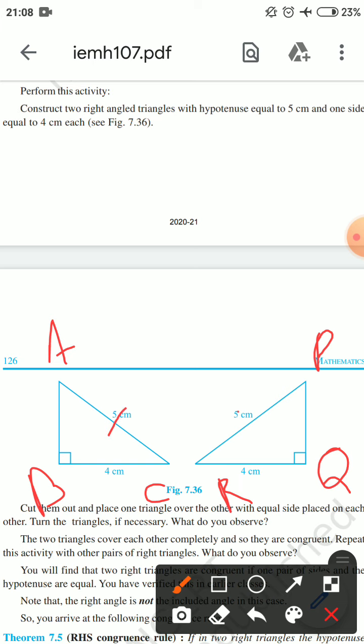You can see this side is equal to this side, and any other side, it can be this one, should be equal to this one, or this side should be equal to this side. Then by RHS congruency criteria we can say that these two triangles are congruent. So again, by CPCT we can clearly see that their corresponding parts will also be equal. That is, angle A will be equal to angle P, angle C will be equal to angle R.